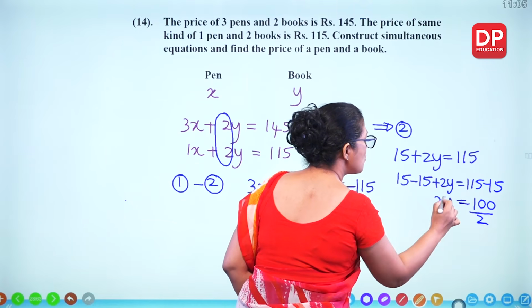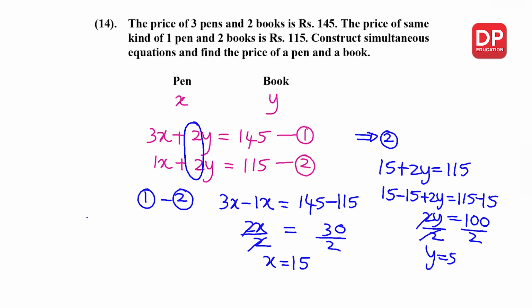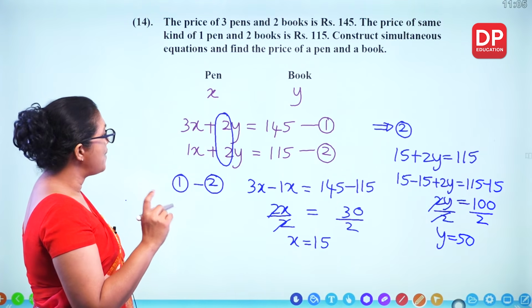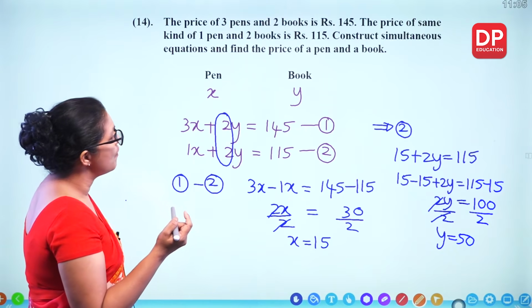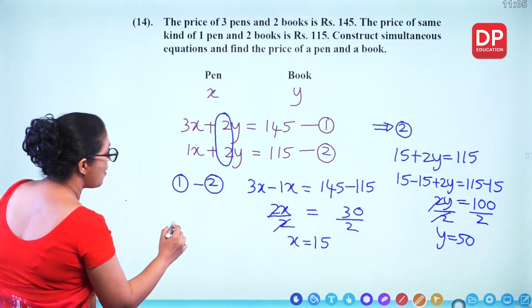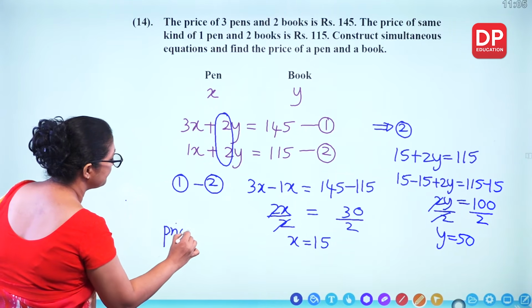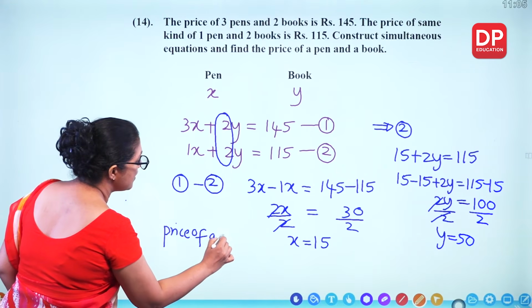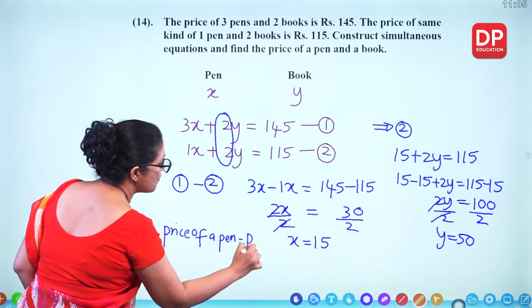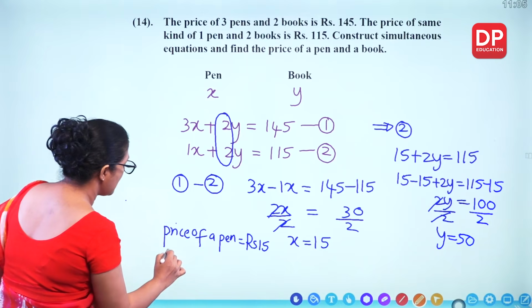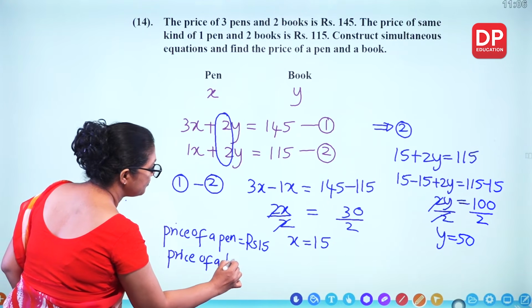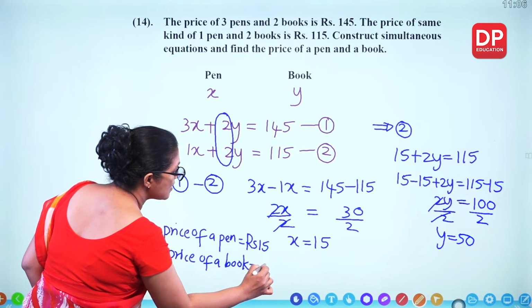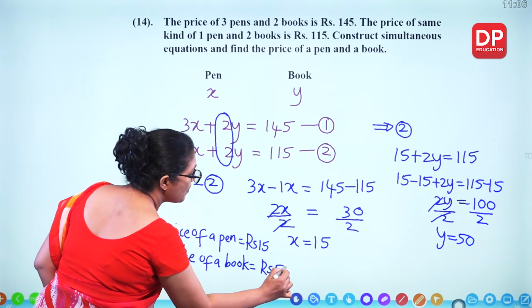Divide this by 2, you get y equals 50. So what's the price of a pen? 15 rupees. Price of a book is 50 rupees. So the price of a pen is 15 rupees. Price of a book is 50 rupees.